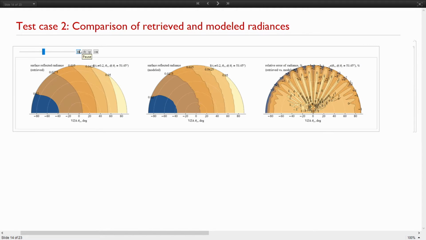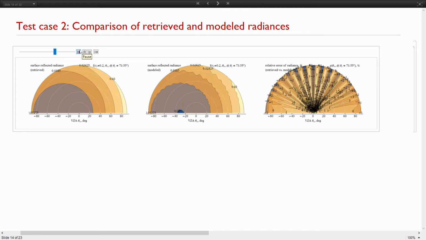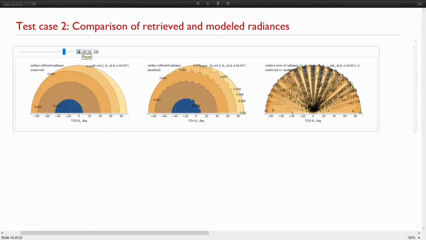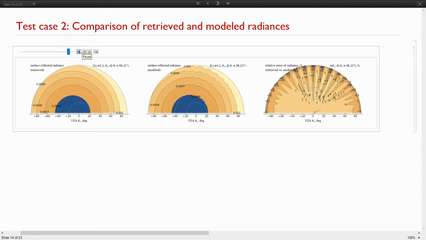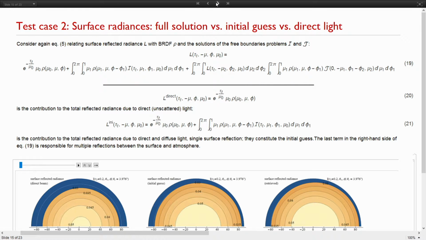So probably the method I developed can get better quality of the solution.